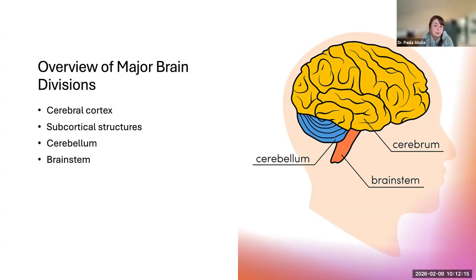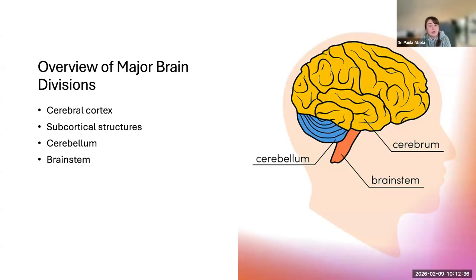So the cerebral cortex is most closely associated with higher cognitive functions, such as reasoning, language, and conscious perception. Subcortical structures are deeply involved in movement, motivation, emotion, and memory processes.